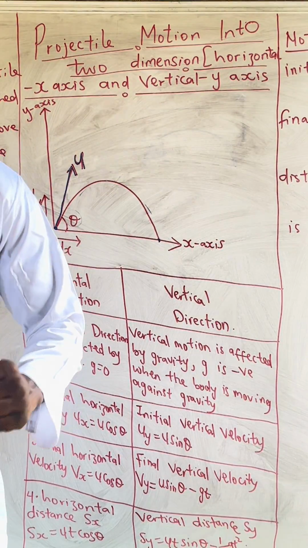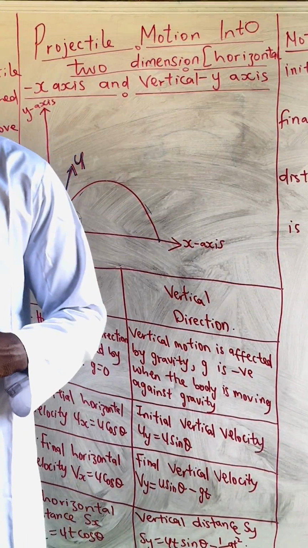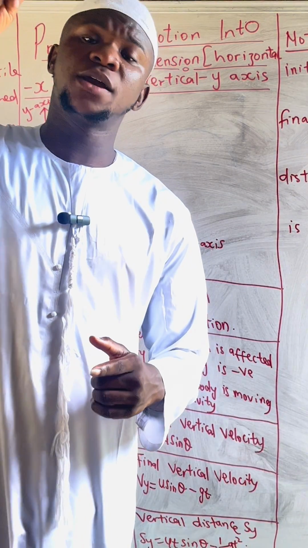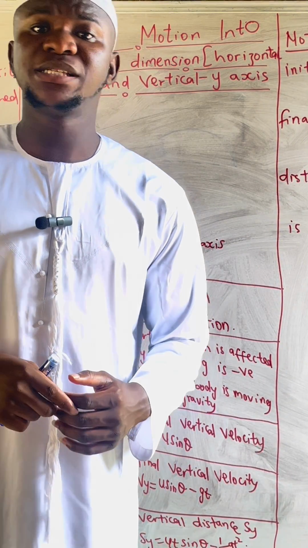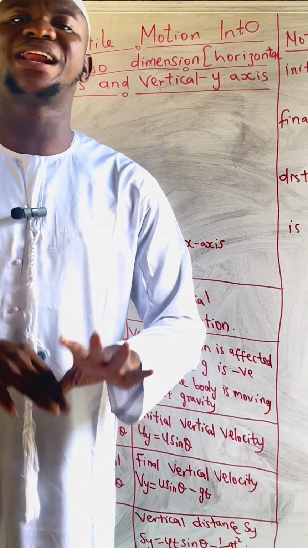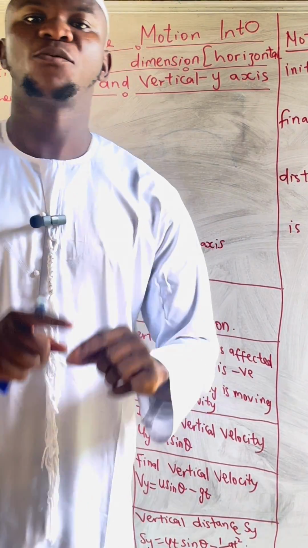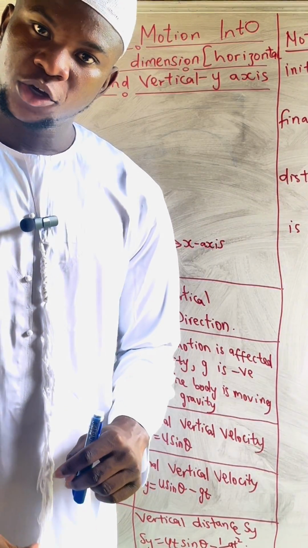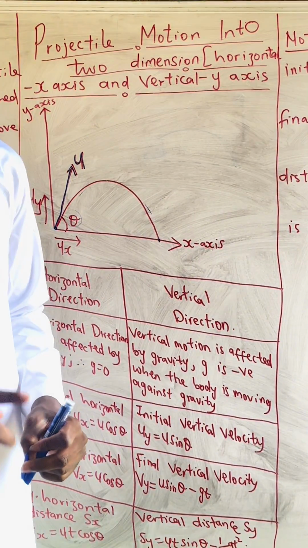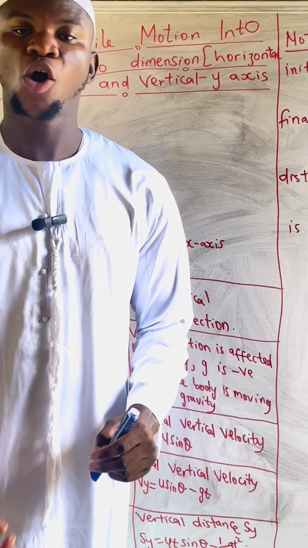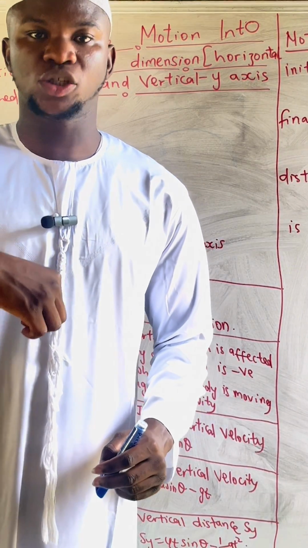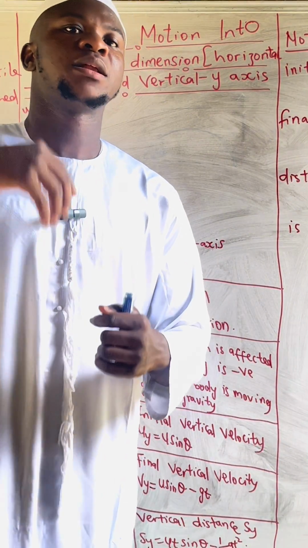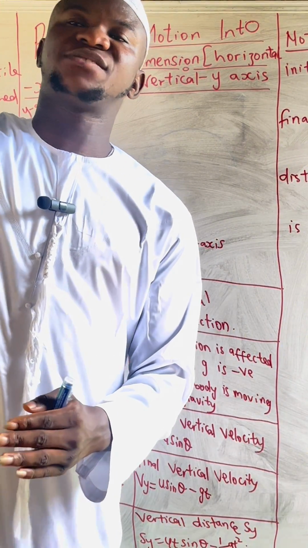I told you that whenever an object is moving vertically, upward or downward, it is under the force of gravity, and the force of gravity always acts vertically downward. Do you get that? So if an object is moving upward with its own acceleration, the force of gravity still acts vertically downward.